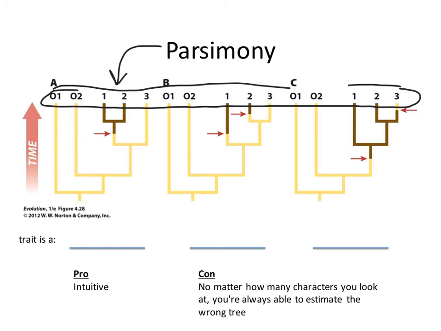Present time, the 2 outgroup species have lighter coloration, 1 and 2 are darker. So in every one of these 3 trees, those facts are presented. The tree on the left is most likely by parsimony because it only involves 1 change. The other 2 trees, B and C, involve 2 evolutionary events.